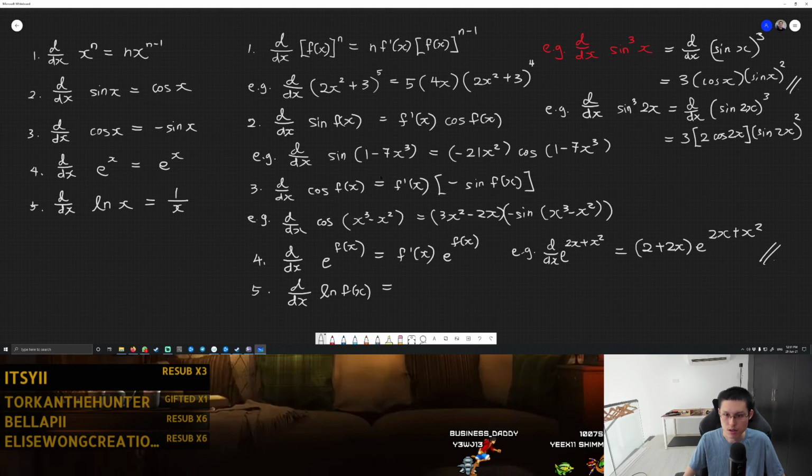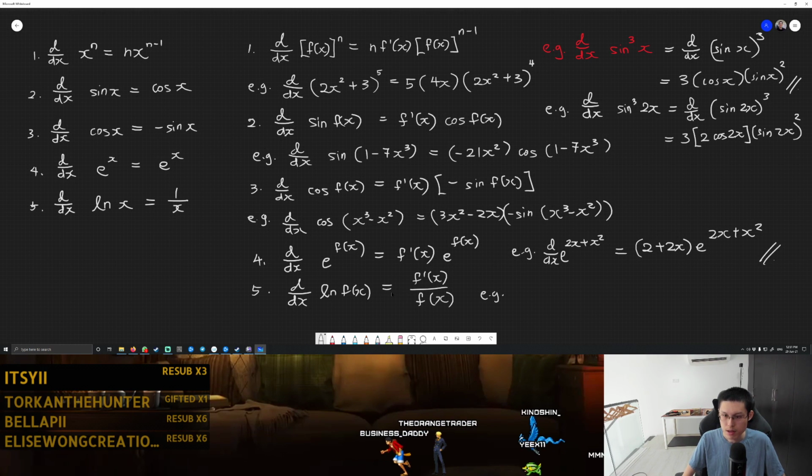You can see here, you're always multiplying by f prime x. So when you differentiate ln f(x), you get the same thing. You multiply by f prime x, and then you times it with 1 over f(x). So you get f prime x over f(x).